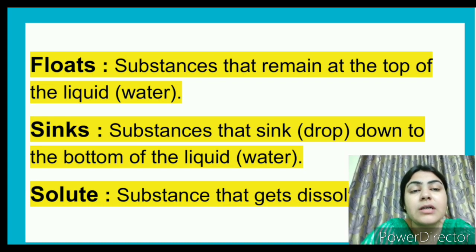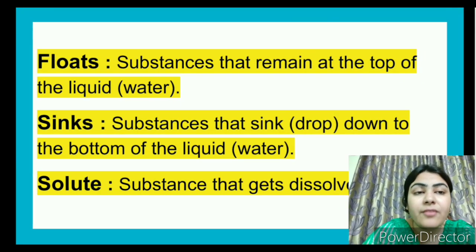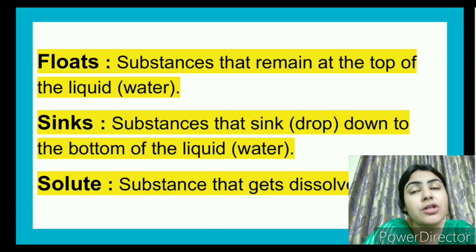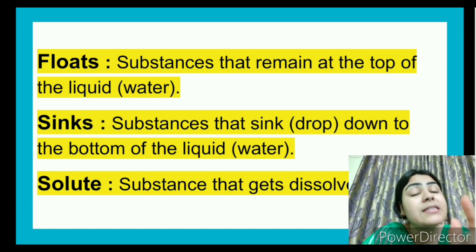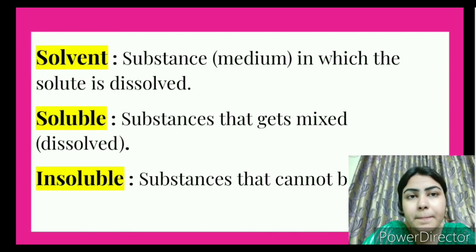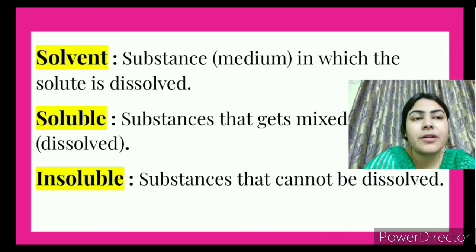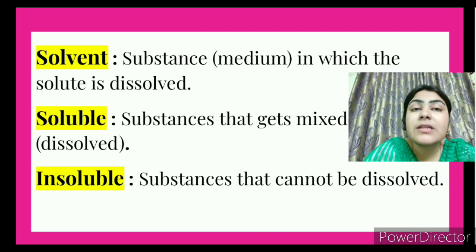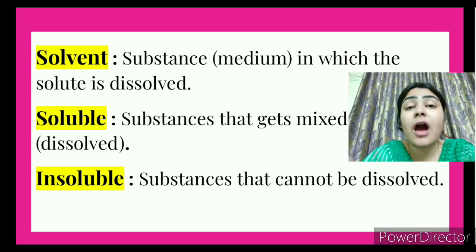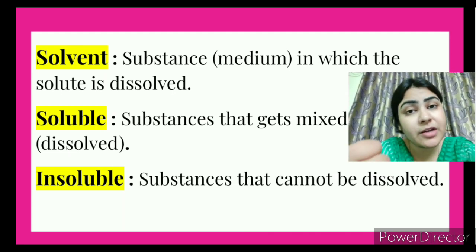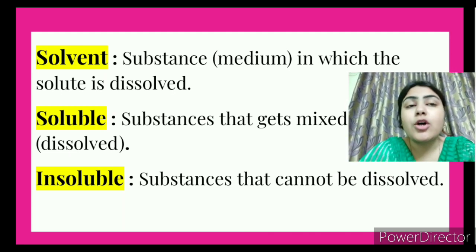And for the solute, we have a substance that gets dissolved in the solvent. What is our solute? Solute is a substance that gets dissolved, right? Now you see, children, what is solvent? In our experiment, our solvent was water.